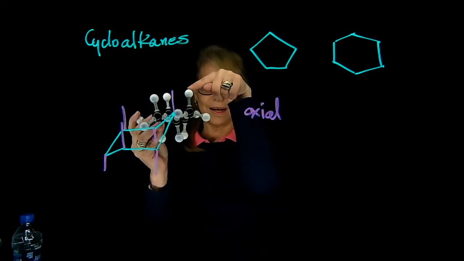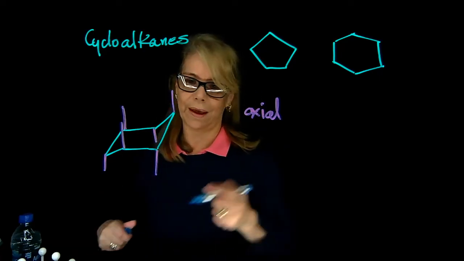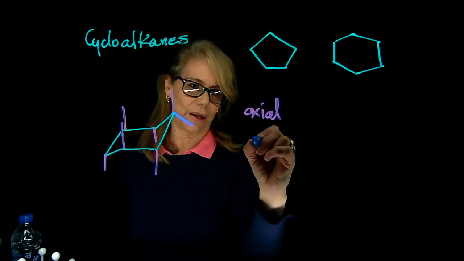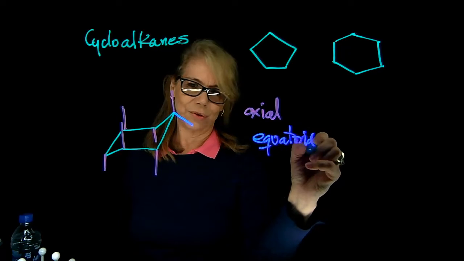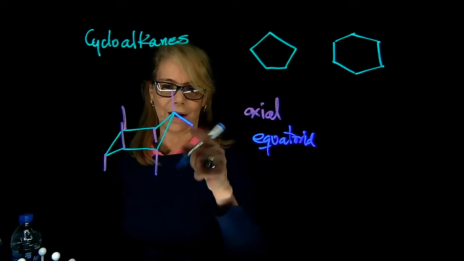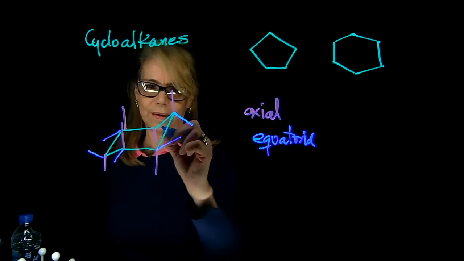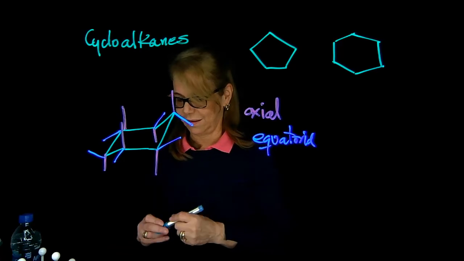And if this is up, this is slightly down. And so now we're going to be drawing that. So up, the equatorial, and I'm going to write equatorial position. So also alternate down, up, down, up, down, up. So this is one of the chair.